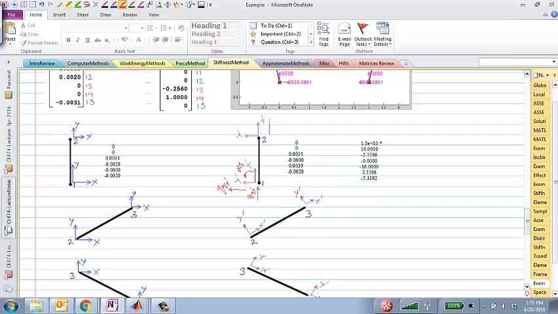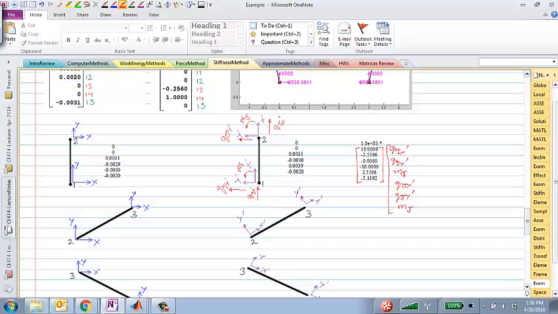Similarly, I have Q j x prime, Q j y prime, and a moment M j. Okay, so if I have these 6 local forces, which are basically right here, Q I x prime, Q I y prime, M I, Q j x prime, Q j y prime, M j.